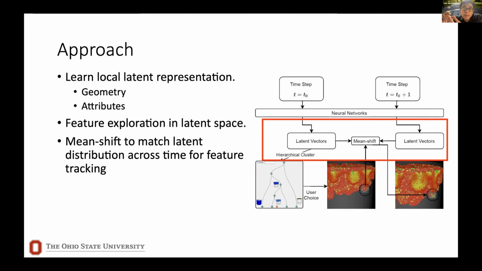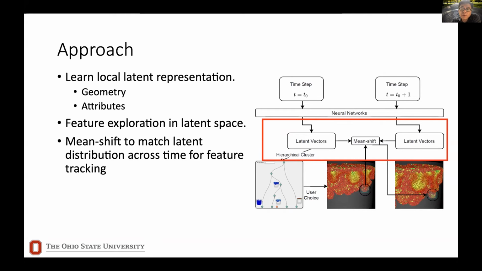You're able to track the local neighborhood based on the latent vector, based on the similarity to your current location. When you go to the next time step, you do a neighborhood search to see what particle or group of particles carries the most similar latent vector, because the latent vector is supposed to be very informative. Then you can move your window in space and time, which allows you to track the features.